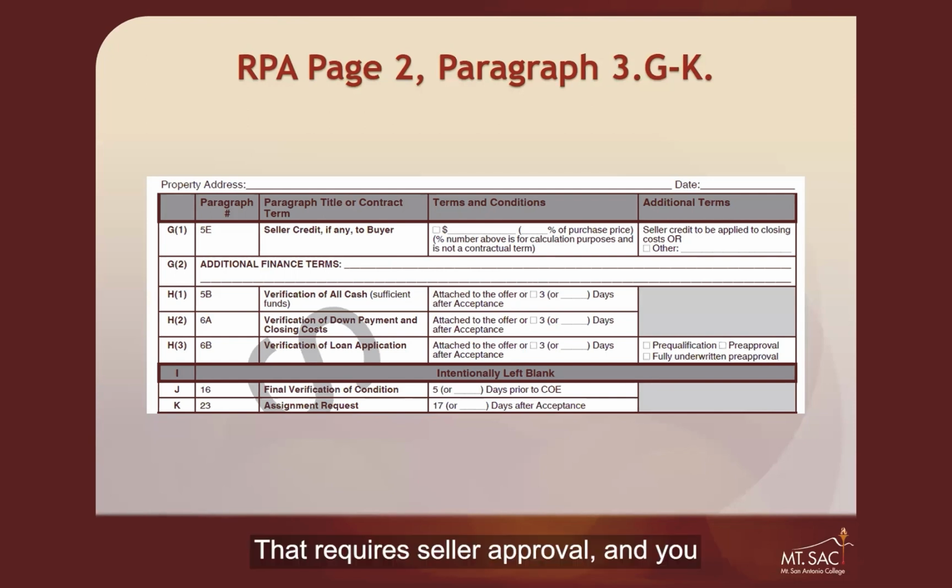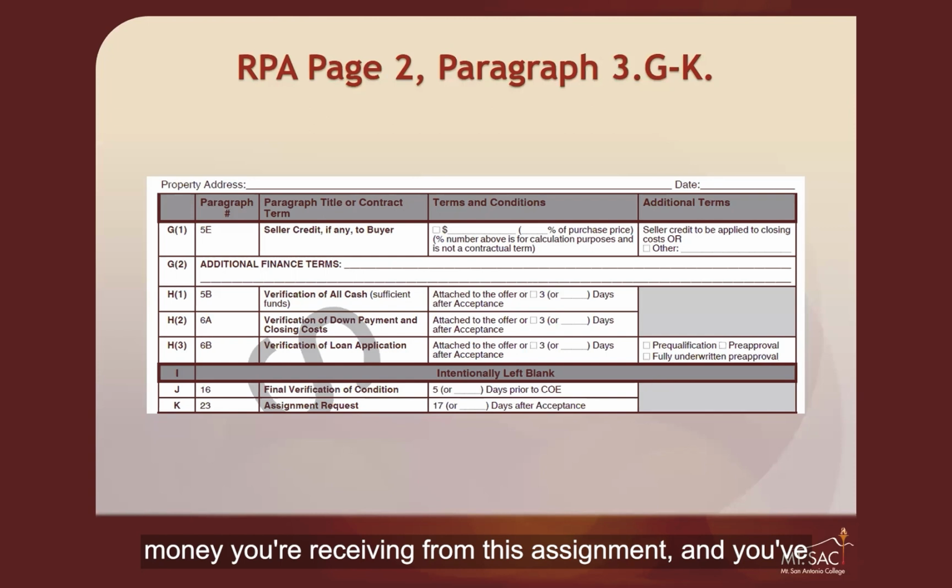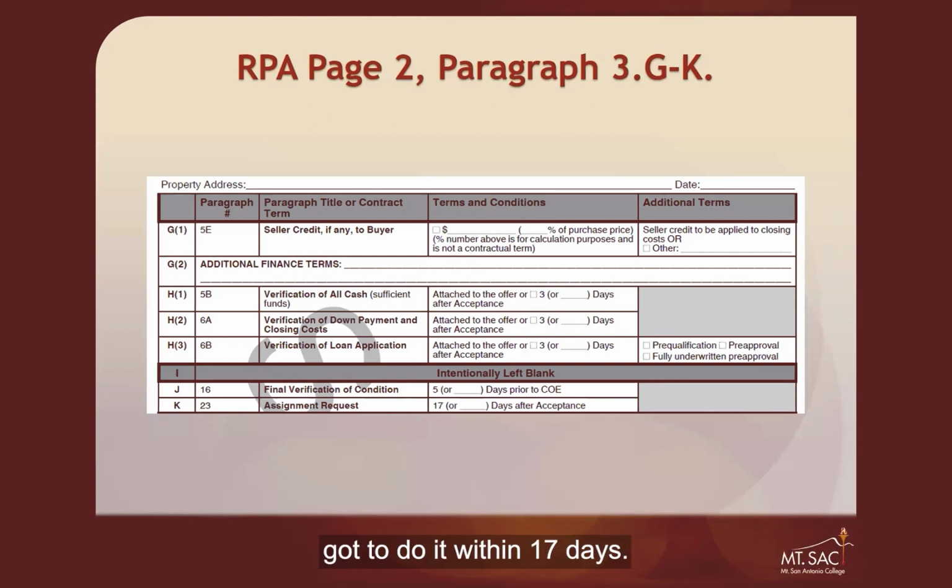That requires seller approval, and you have to get seller's approval, okay? You have to disclose to seller how much money you're receiving from this assignment, and you've got to do it within 17 days. After 17 days, seller doesn't have to approve it, all right?